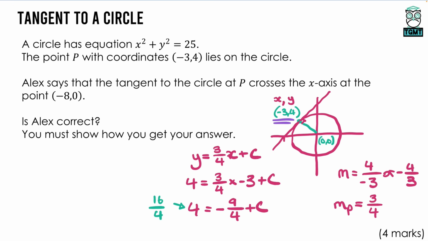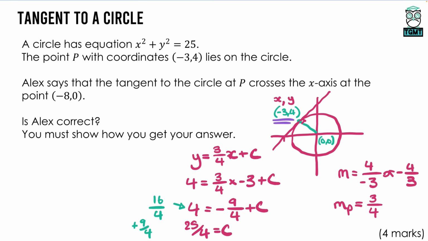Or we could change 9/4 into a mixed number, which would be 2 1/4. And if you add that over, it's 6 1/4. 4 plus 2 1/4 is 6 1/4. But if we add it over to 16 over 4, so 16 over 4 plus 9 over 4 gives us 25 over 4 as our value of c.